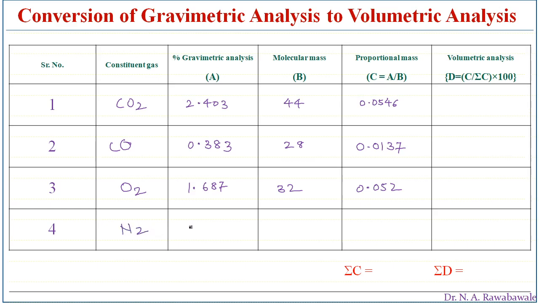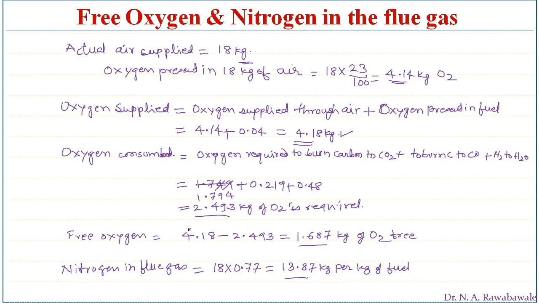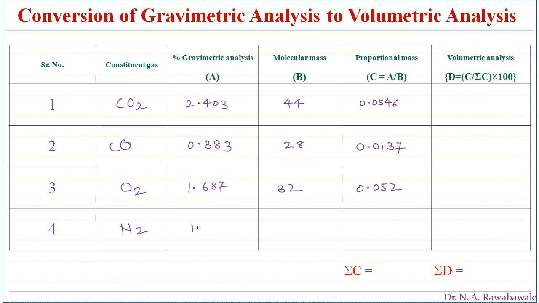So mass of nitrogen, that we calculated 13.87, and molecular mass is 28. So if we find proportional mass, this works out to be 2.4953.